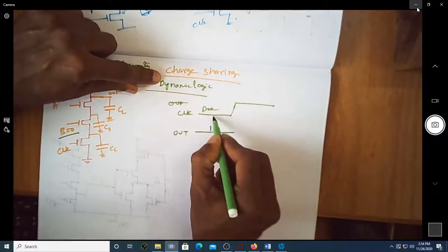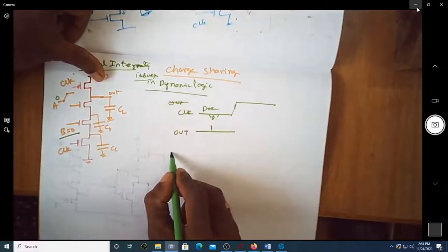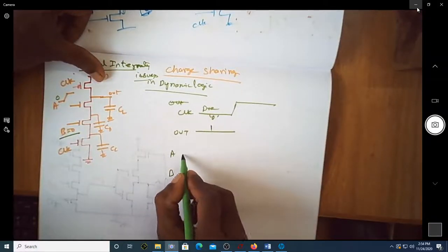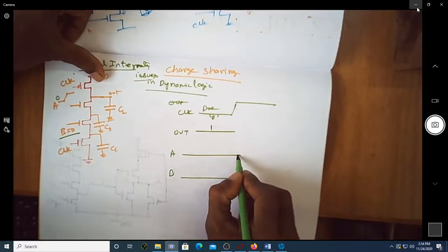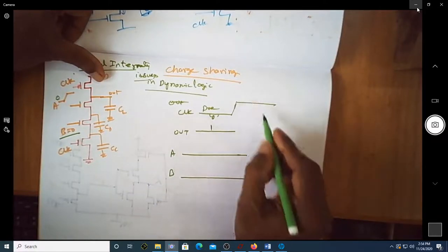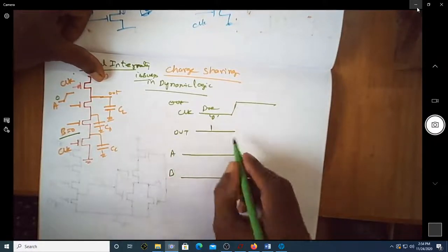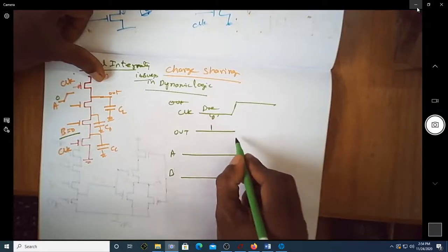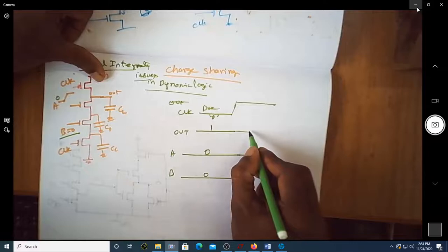So the output will be high, and this is 0. Let us also write what A and B are. Let me extend A as 0 even during the evaluation period. Since A is 0 here, you can see this is 0, this is also 0, so this remains in the logic high condition.